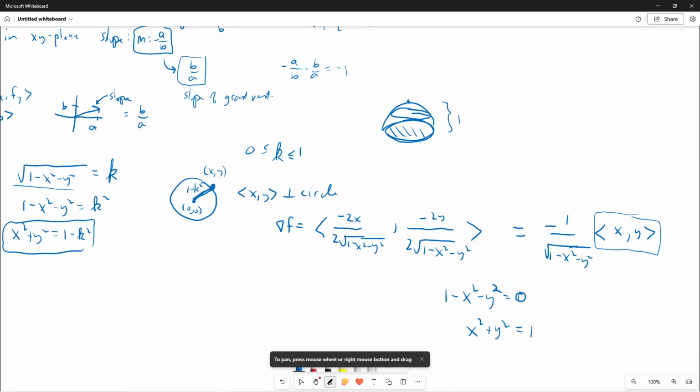That means it's from the origin to the point x, y, and that's a radius of the circle. And the radius of a circle is perpendicular to the tangent line, and so therefore perpendicular to the level curve.